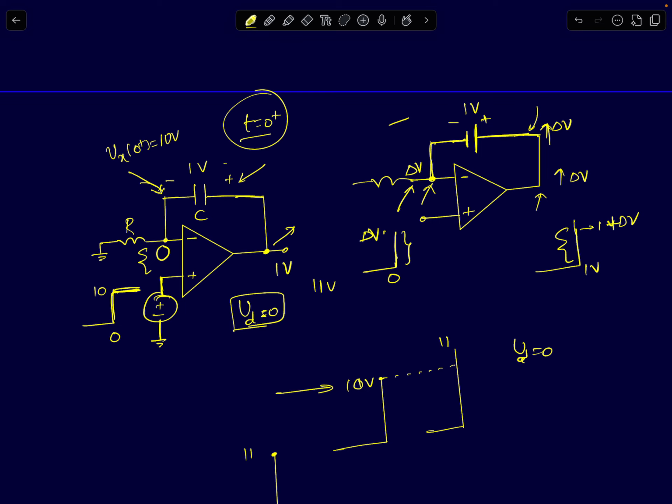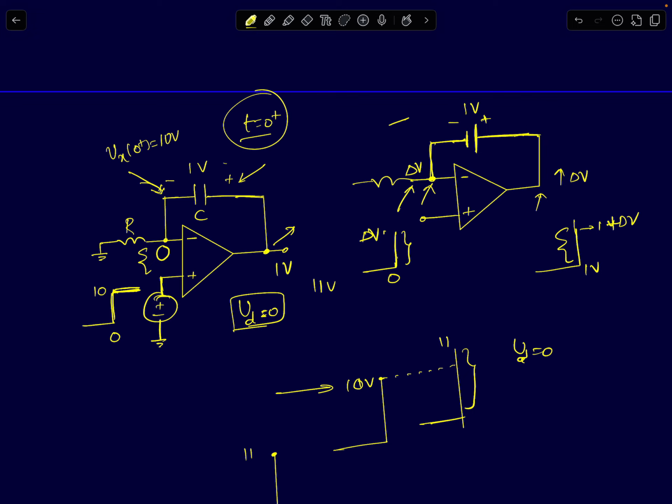Again, I am reiterating, the total jump in the output voltage and the inverting terminal node is the same, 10 volts. And that follows directly from the fact that the cap will act like a short circuit, meaning its voltage cannot change instantaneously. So how will that be possible?